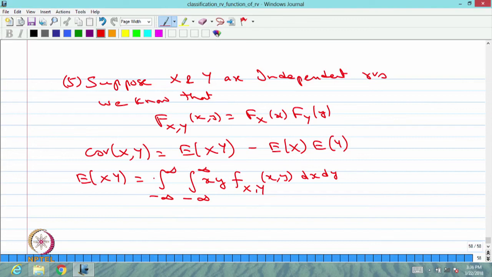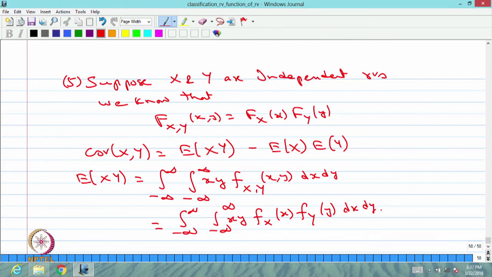A similar derivation can be done for discrete type random variables also. Since these two random variables are independent, I can use this condition in the joint probability density function. Therefore, this is the double integral of x times y times the marginal probability density functions of x and y.